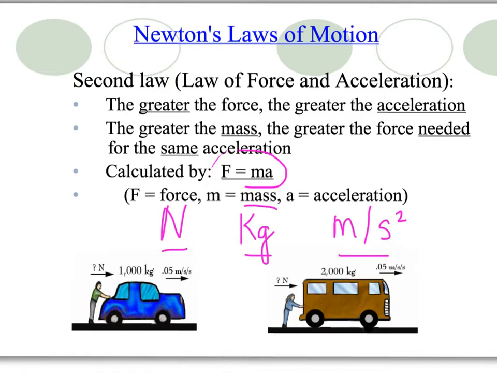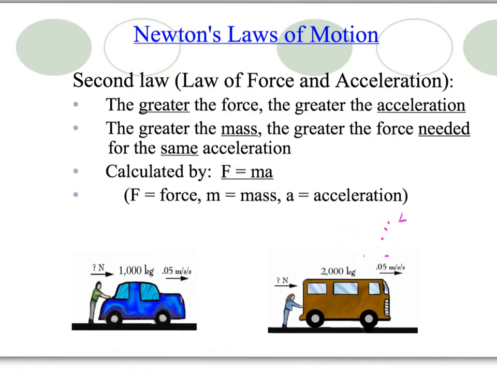So we're going to look at this example that we have here. Let me erase my little notes. We have this car, the blue car down below, you will note, has a mass of 1,000 kilograms. We want it to accelerate at 0.05 meters per second squared.